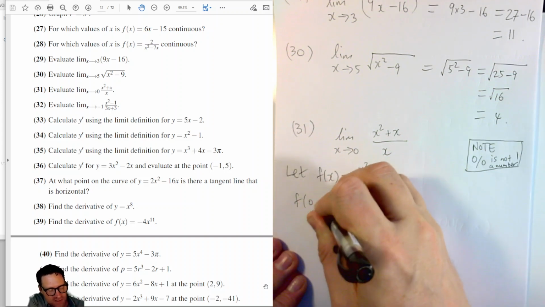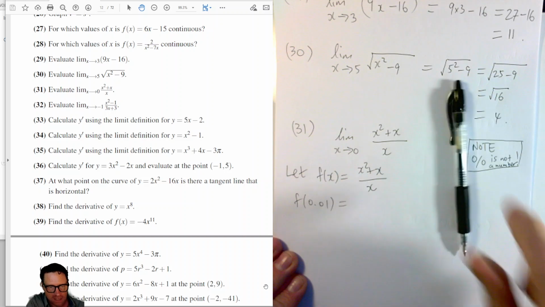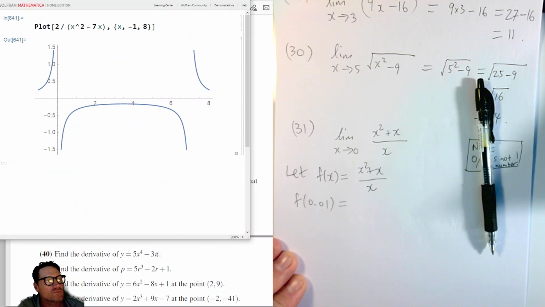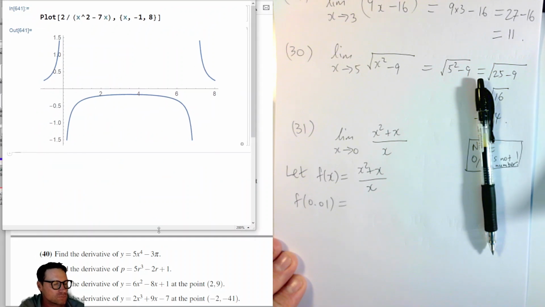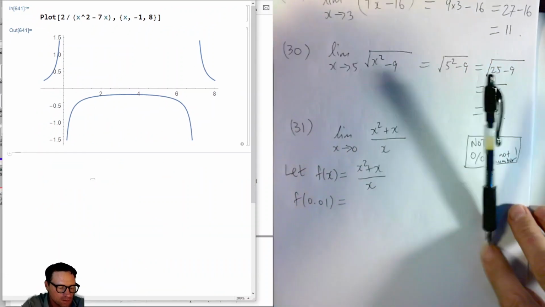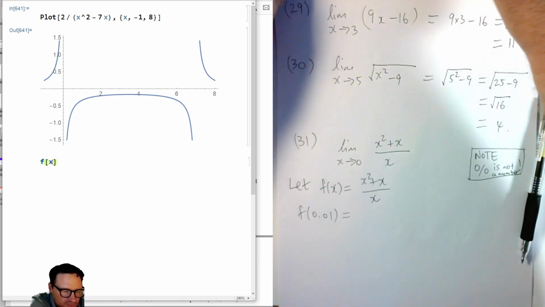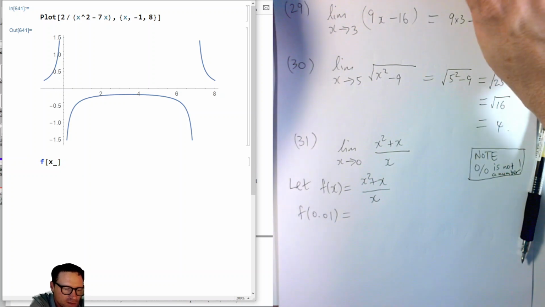f of 0.01. Okay, let's calculate this in Mathematica. Let's just build a function, f of x. What does it do?